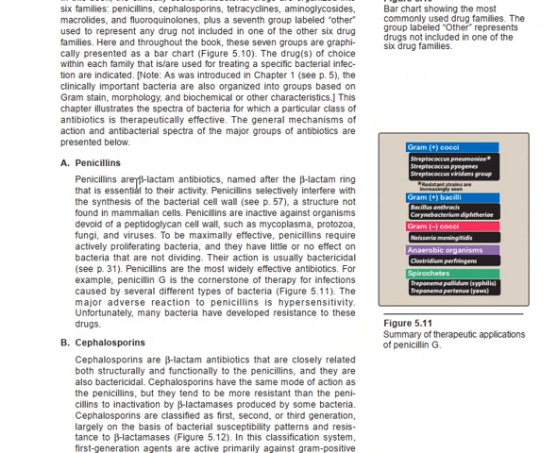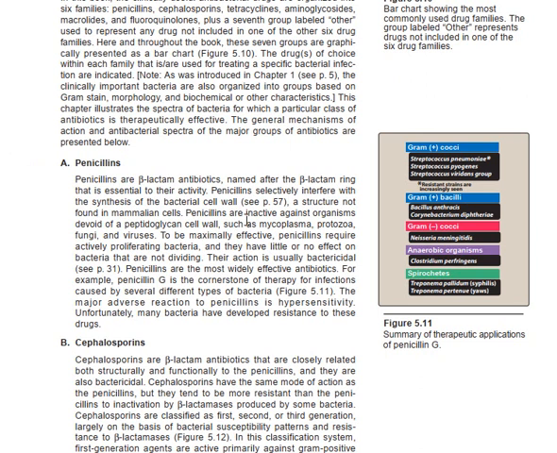You need to know that penicillins are beta-lactam antibiotics named after the beta-lactam ring essential for their activity, and penicillins selectively interfere with the synthesis of the bacterial cell wall. That is a structure not found in mammalian cells.